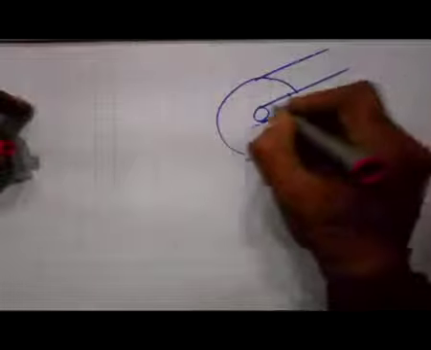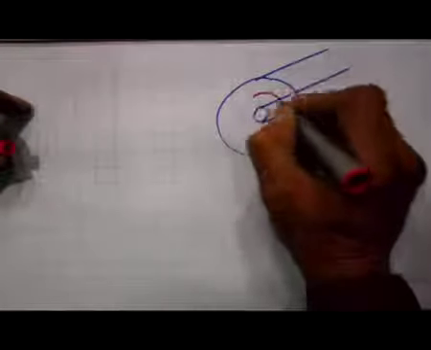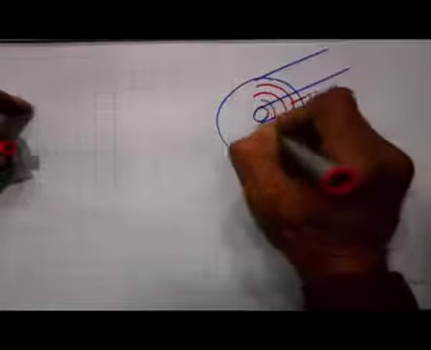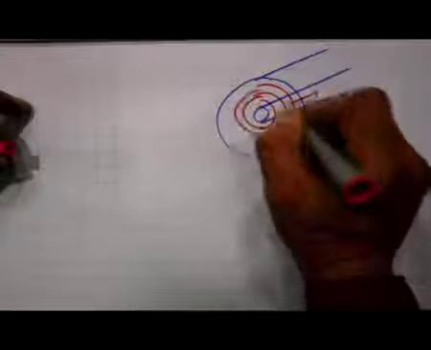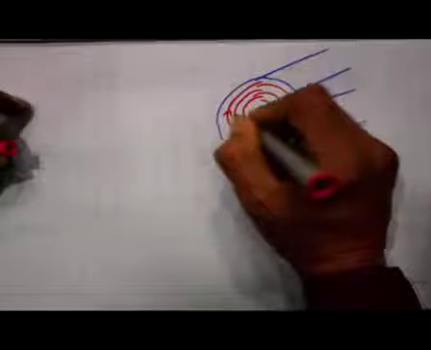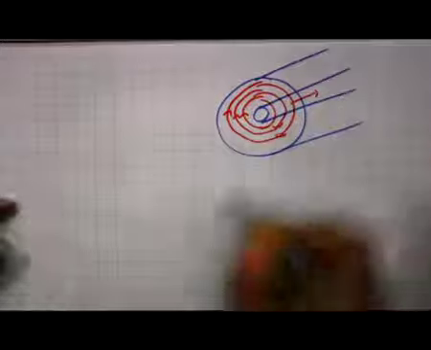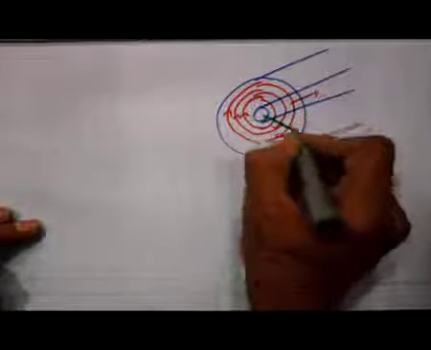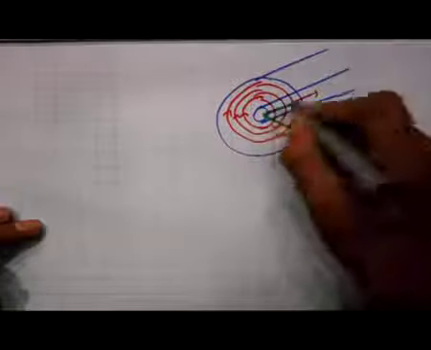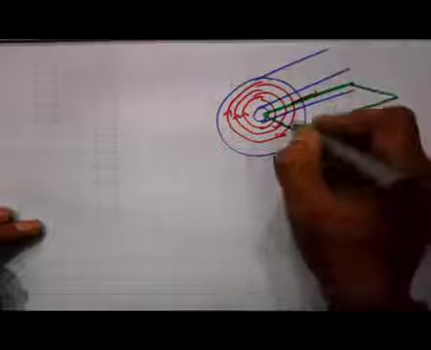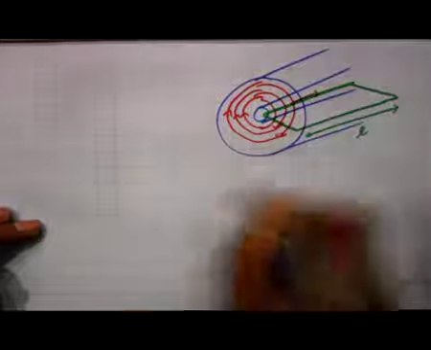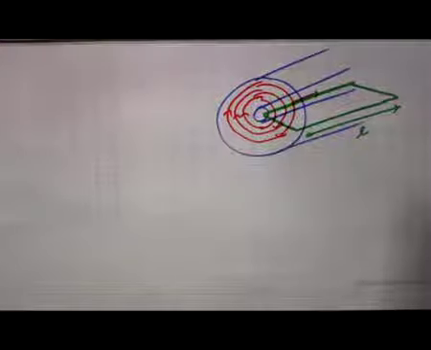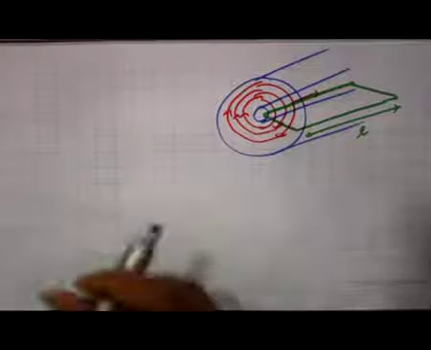If the current is going like this, the magnetic field is going like this, it's circulating around the conductor. So, to calculate the flux, what I must do is to take a surface perpendicular to this. So, I take a surface like this of length L, and I can calculate the flux through this, and I leave this as an exercise to you.